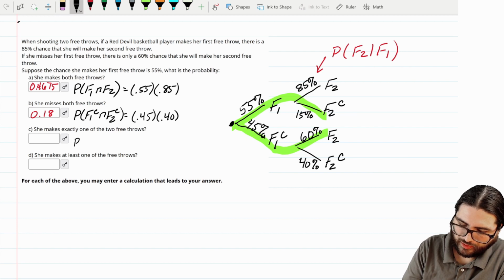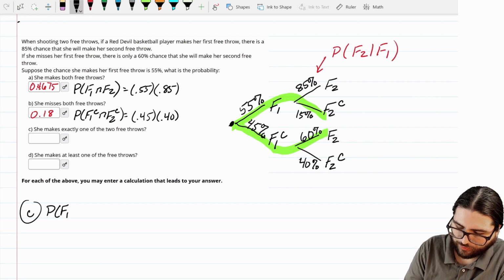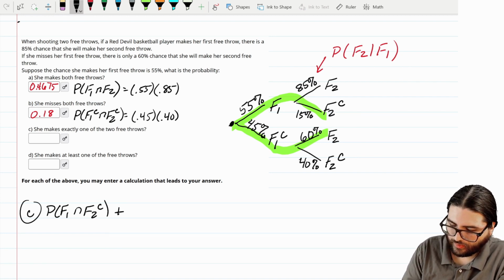So that would be, I'll need to do this down below, part C. The probability that she makes the first one and misses the second one, or the probability that she misses the first one and makes the second one.